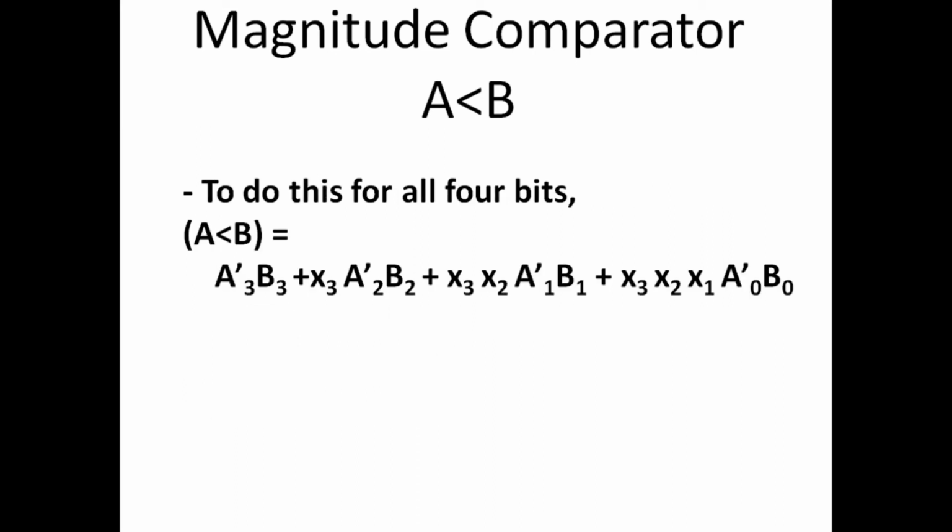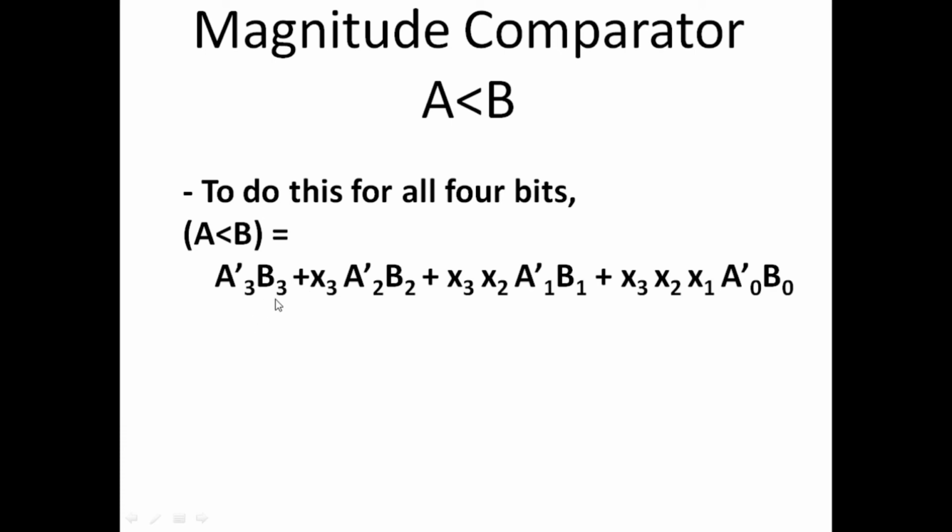Finally we would come up with this equation. We do this for all 4 bits. A is less than B if A3 is 0 and B3 is 1.